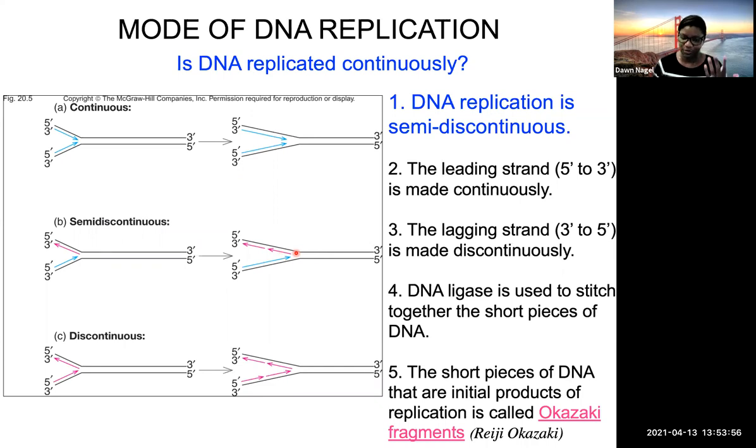So I could provide an experiment to ask you, if it was conservative versus semi-conservative, what would you expect after the first round of DNA replication? So just understanding these basic mechanisms of DNA replication is important. Yeah. Okay, thank you.